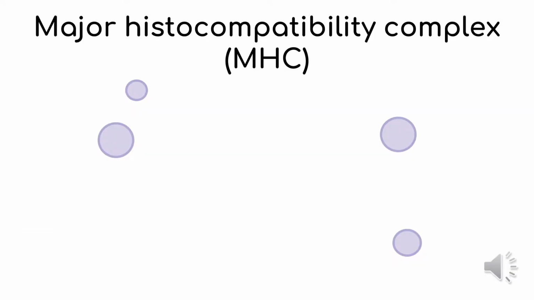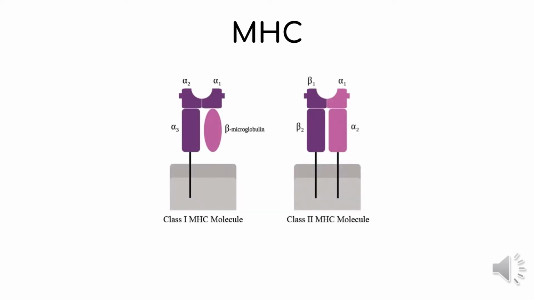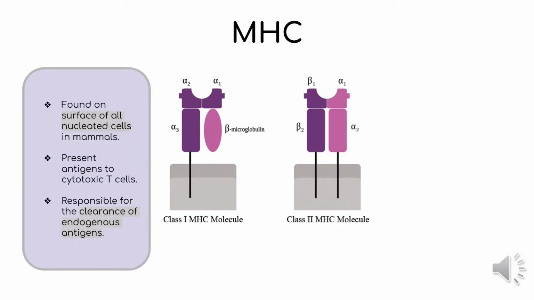So now, we will look at the major histocompatibility complex, which is known as MHC. It is a group of genes that code for proteins found on the surface of cells that help the immune system recognize foreign substances. There are two types of MHC, which are Class 1 MHC and Class 2 MHC. Class 1 MHC can be found on the surface of all nucleated cells in mammals.